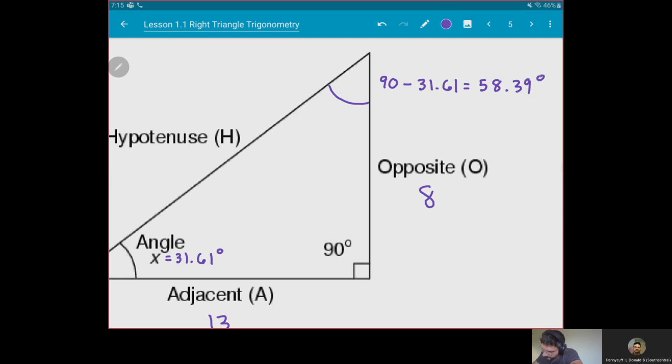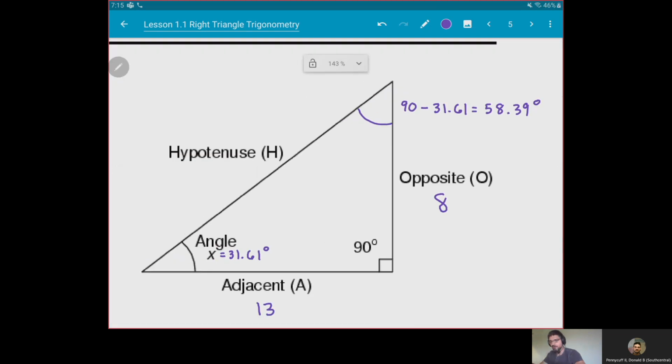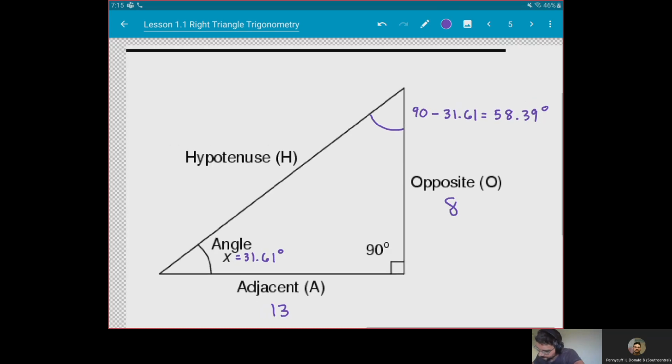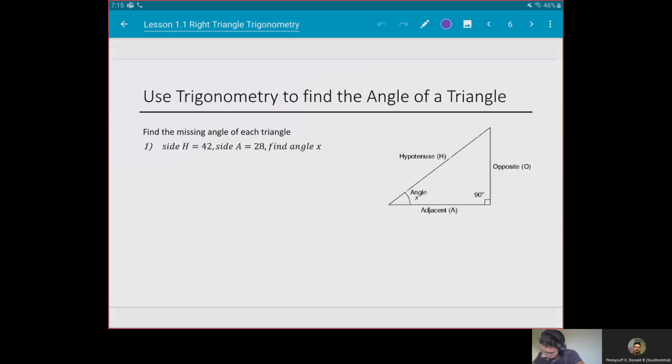Now, I bring this up because sometimes you do need to know that top angle. There will be times where you need to know every single corner of a triangle. And so that's the quick and easy way to find that top one. Okay. All right, so let's move on to the next one.